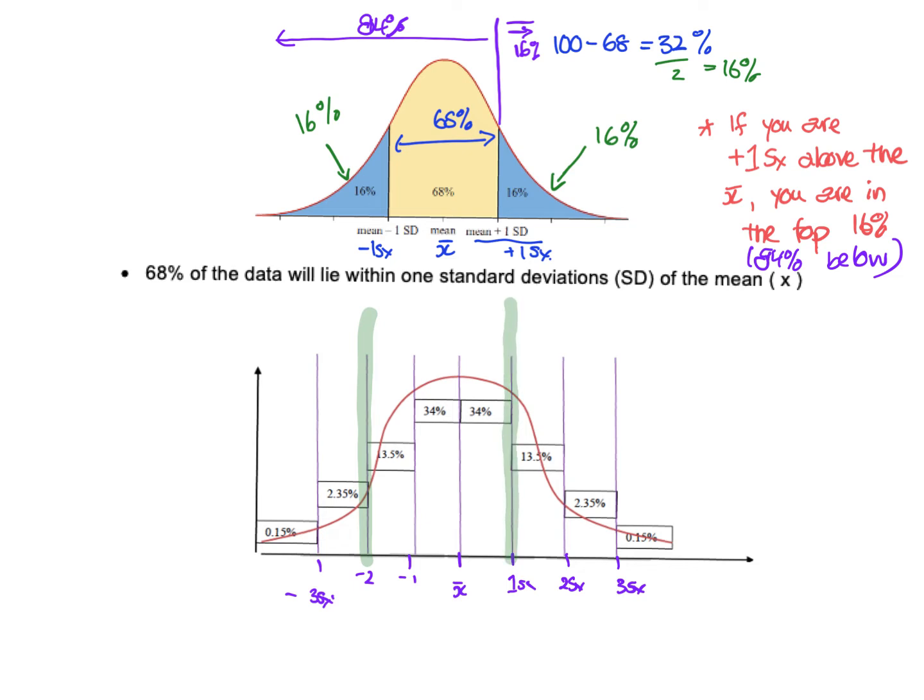So then they might say how much percent is between here. And this is where you can use all these little breakups. So you could say it would be all those little sections. So you could say it was 13.5 plus 34 plus 34.